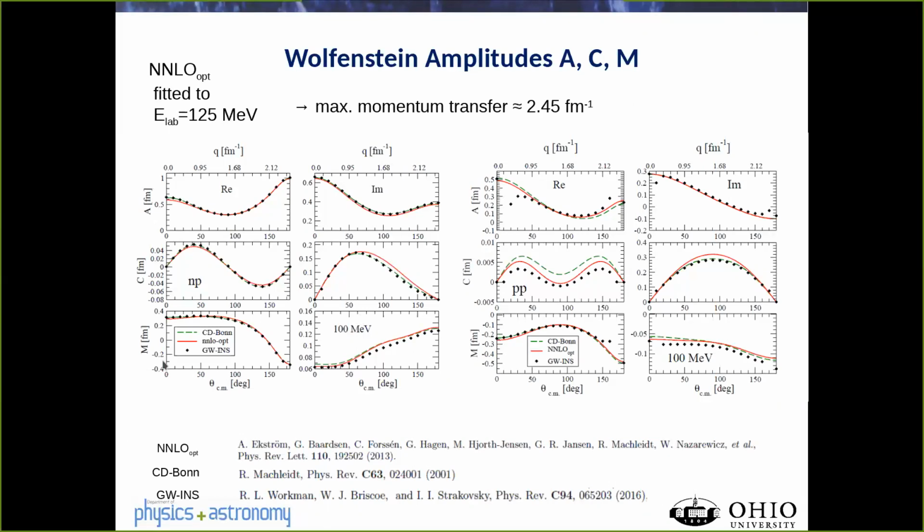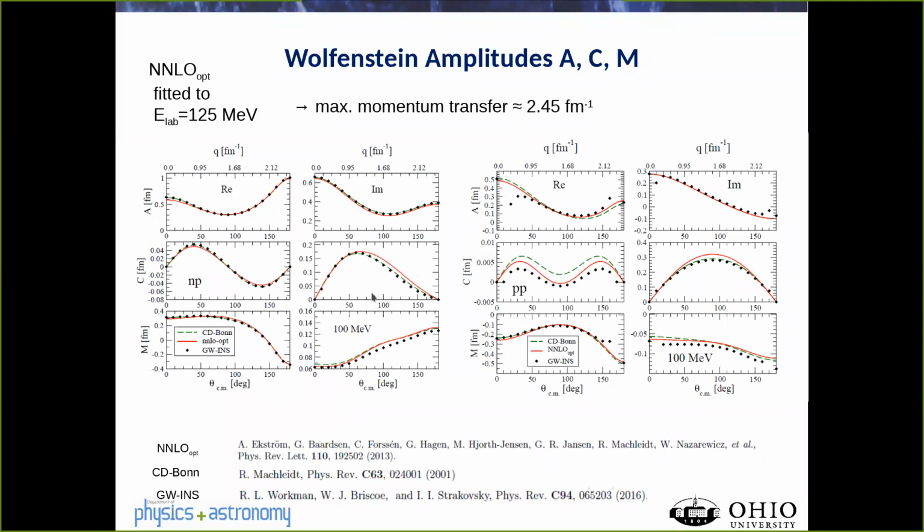I also put in here the dots, which are the extractions of the Wolfenstein amplitudes by the GW Institute of Nuclear Theory, basically Workman, Briscoe, and Strakovsky, to give you also some idea what experimental extractions give you. Because again, Wolfenstein amplitudes are not observables, they have to be extracted from data. And you see here N2LO opt is doing reasonably well in comparison.